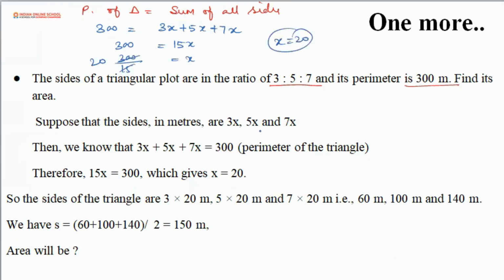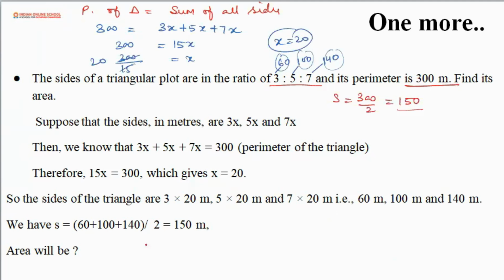If the value of x is 20, then the sides will be 3 times 20, which is 60, 5 times 20, which is 100, and 7 times 20, which gives us 140. These are the measurements of the sides. Since we know the perimeter is 300, the semi-perimeter is 300 divided by 2, which gives us 150.